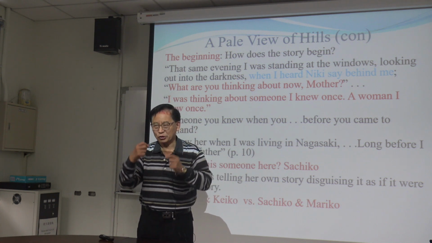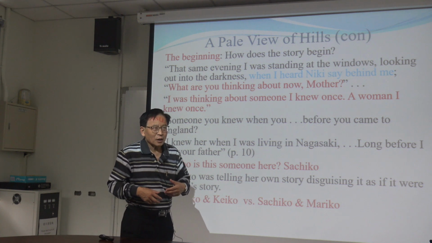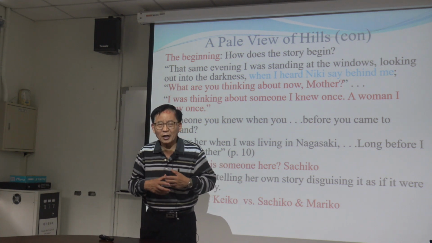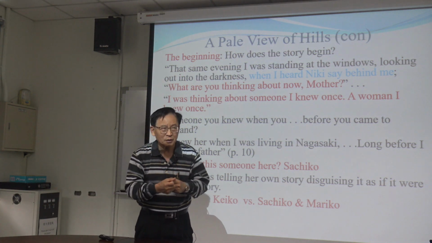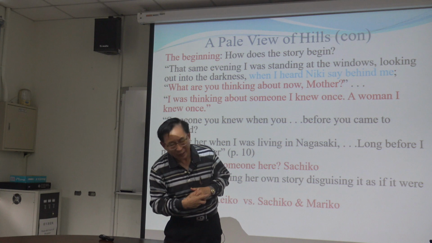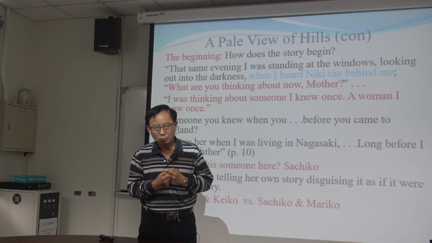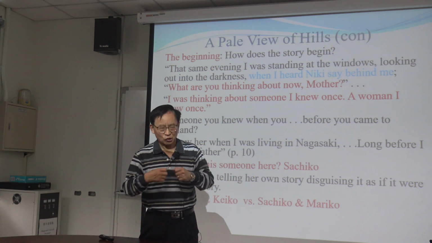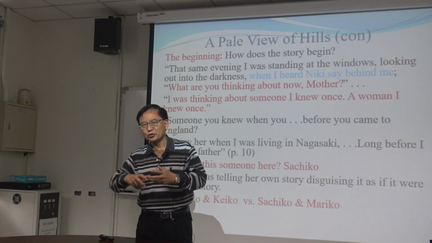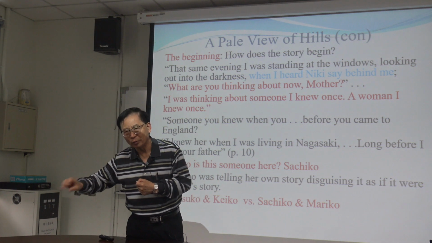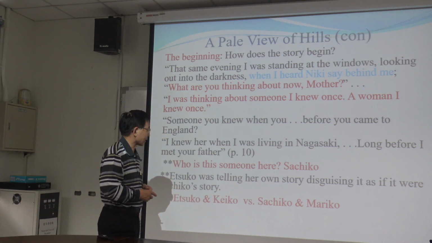But because she's the first person narrator, she feels a little bit uneasy or a little bit ashamed to begin by saying, "This is my own story, daughter." But instead of saying this, she has to pretend it's a story of some other woman she happened to know when she was living in Nagasaki.